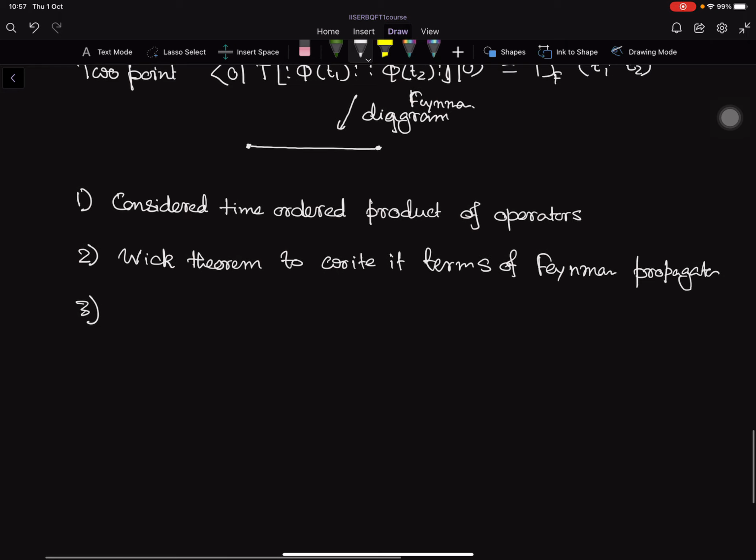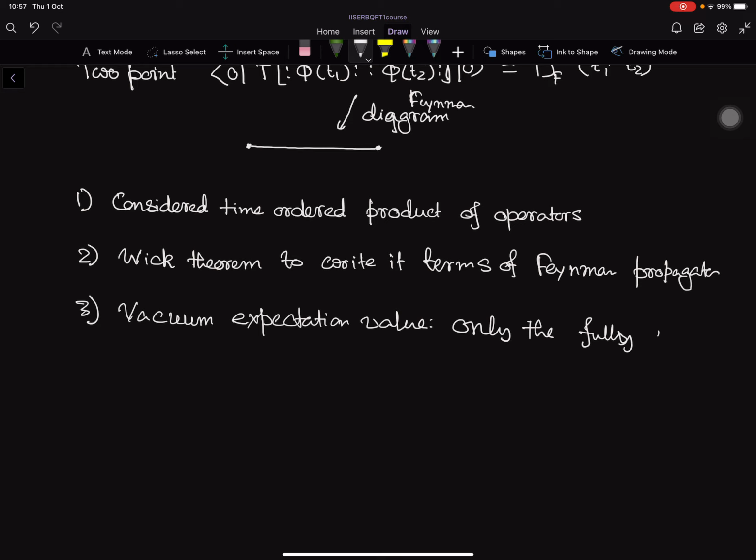Third step, if we want to take the vacuum expectation value, then only the fully contracted piece of Wick's theorem contributes.